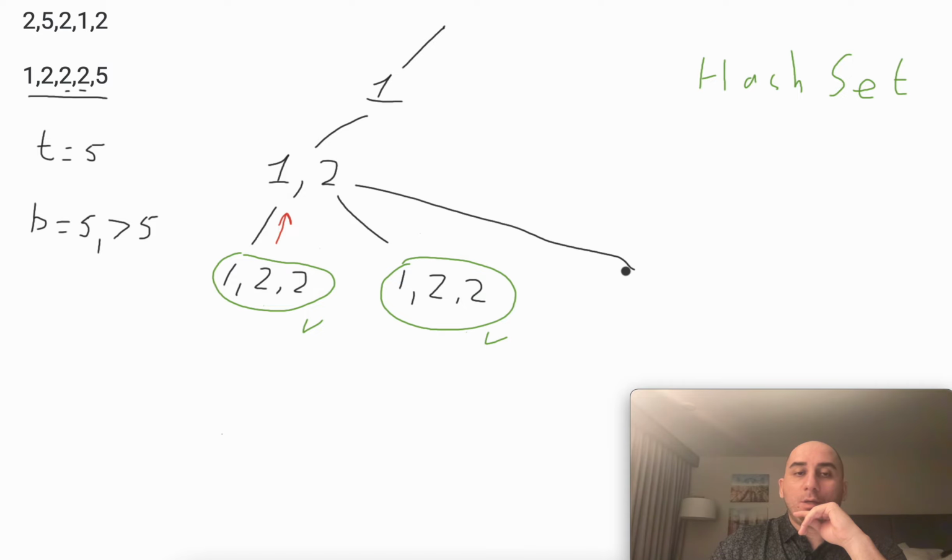Basically from the 2 we are moving to 1 2 5. Is it equal or more? Actually it's more than our base case. So we are backtracking from this branch. The same here.